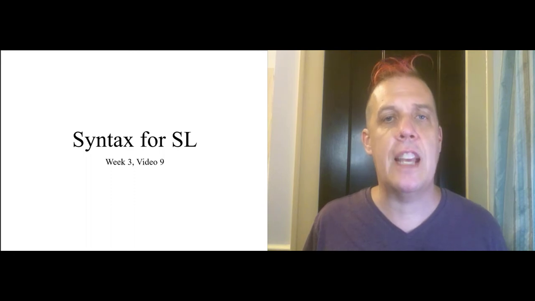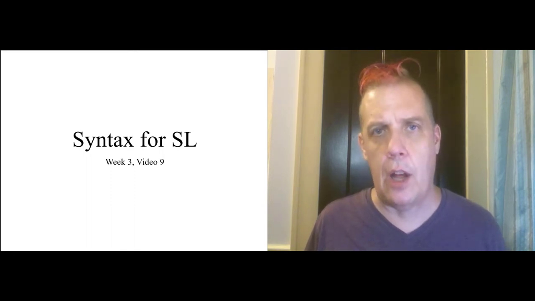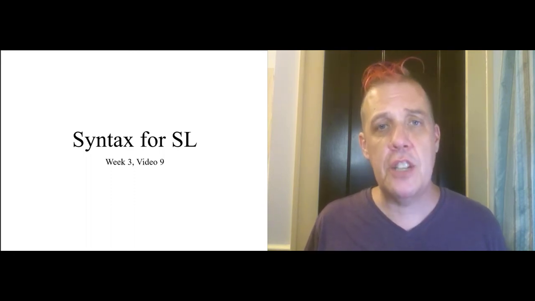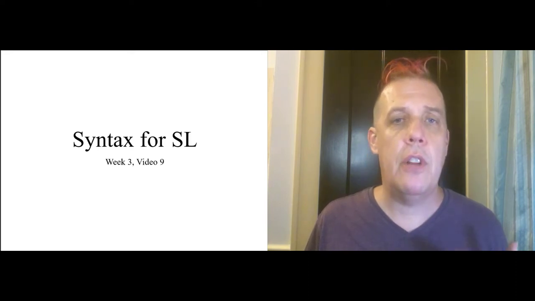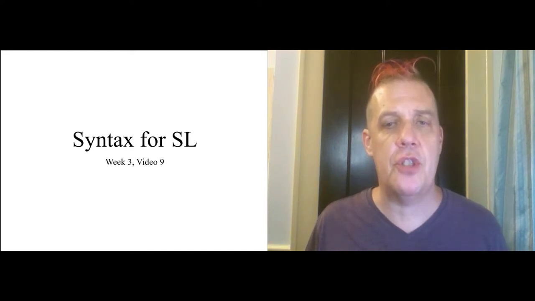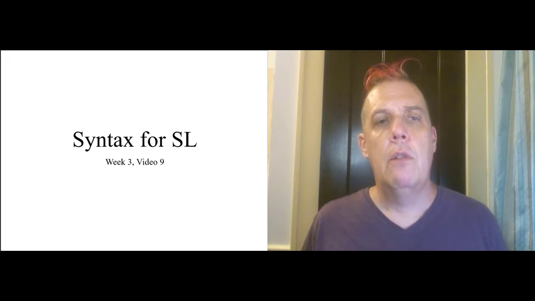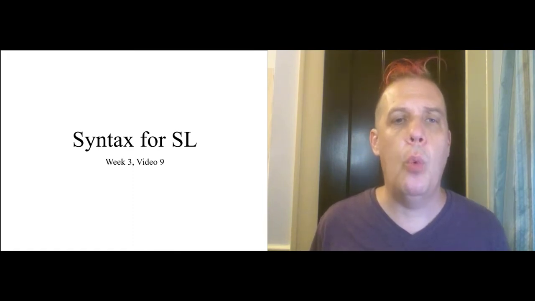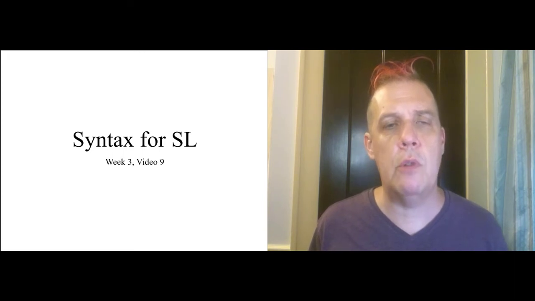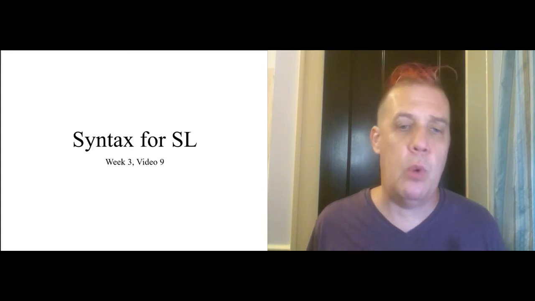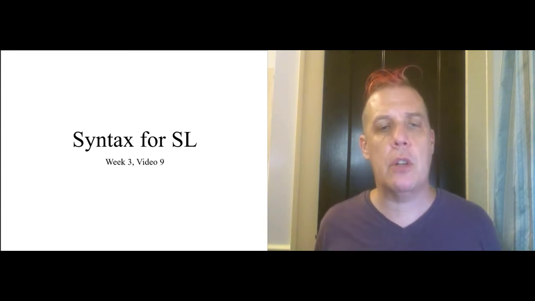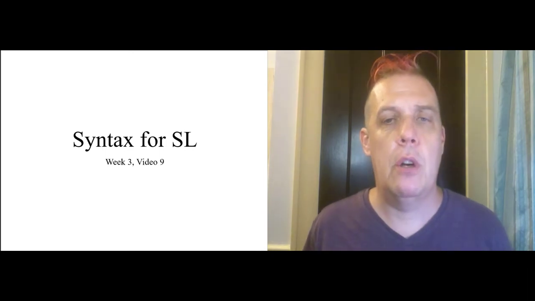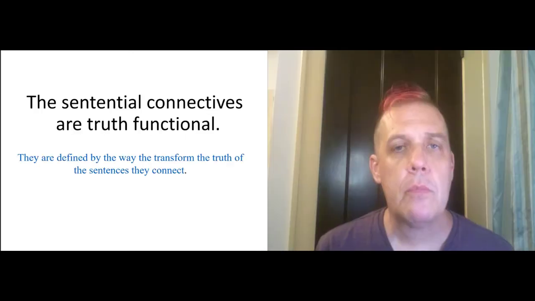That includes the negation, that is the little squiggly line, the conditional, the biconditional, the conjunction, and the disjunction. In this video, I want to give you some concepts for understanding what it is we're doing when we make these translations and why it's important, and what we can learn about the structure of language from this.